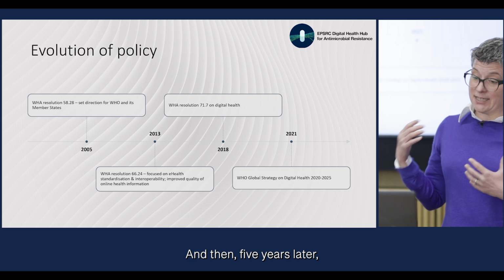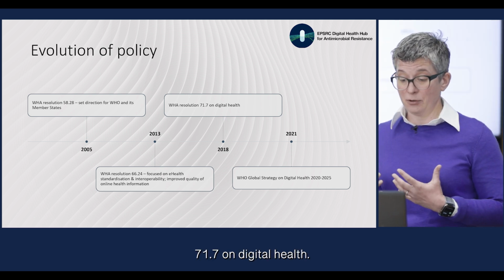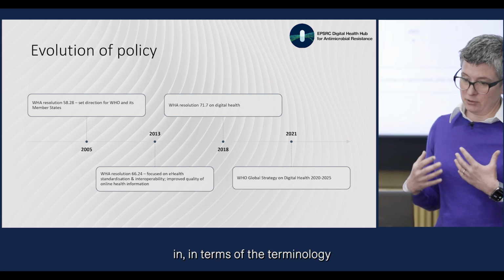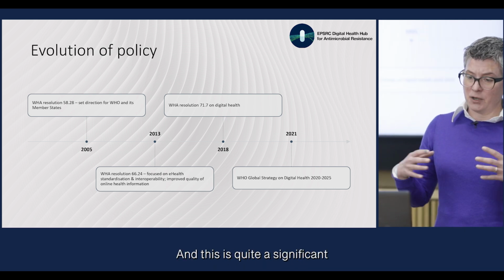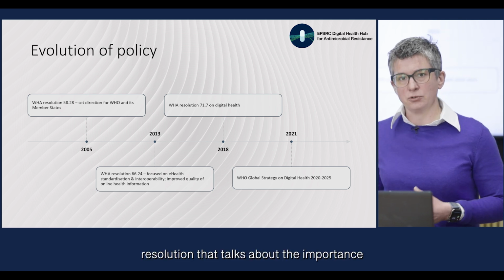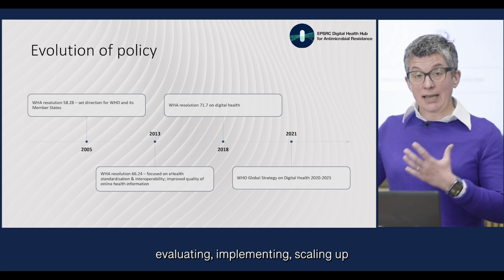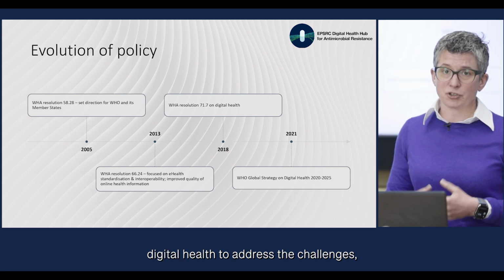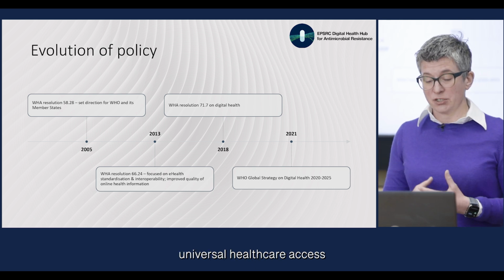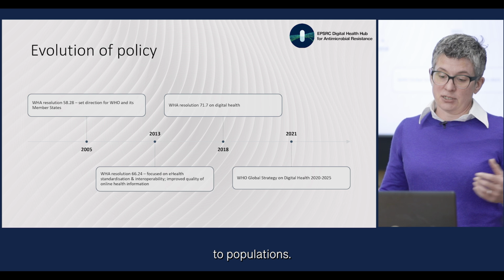And then 5 years later, we had WHA Resolution 71.7 on digital health. And this is the first time that digital health comes in terms of the terminology that they're using. And this is quite a significant resolution that talks about the importance of developing, evaluating, implementing, scaling up digital health to address the challenges and to be able to provide universal healthcare access to populations.